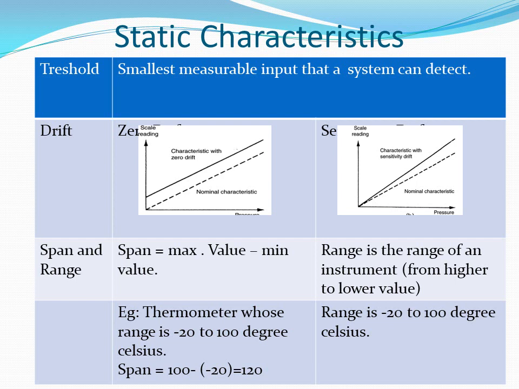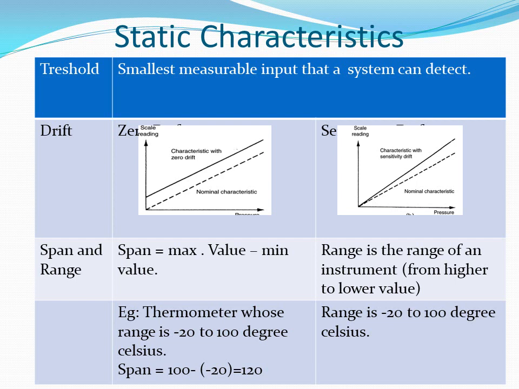Then the final one is span and range. Span is the maximum value minus the minimum value, whereas range is the range of an instrument from higher value to lower value. For example, we'll take a thermometer whose range is from minus 20 to 100 degrees Celsius.